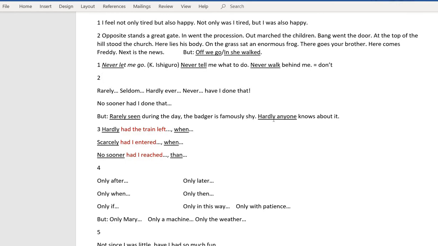Now, if we move on to point number 3, you'll find another set of words that are very similar: hardly, scarcely, and no sooner. Now, there are 3 things I want to say. Let's make sure I do that. First, hardly one thing happened when something else happened means that the 2 actions were very, very close in time, right?